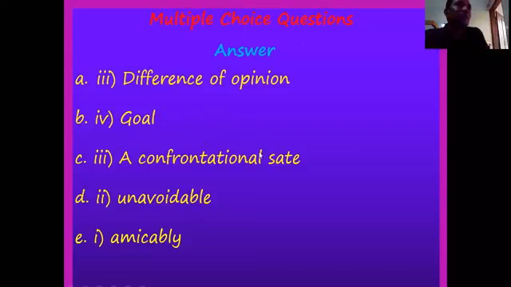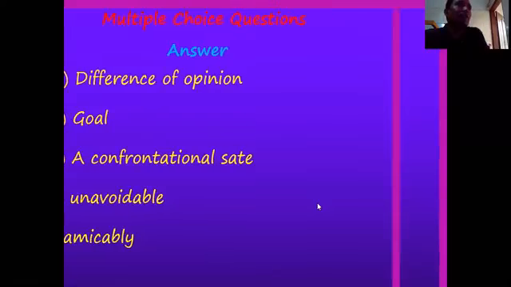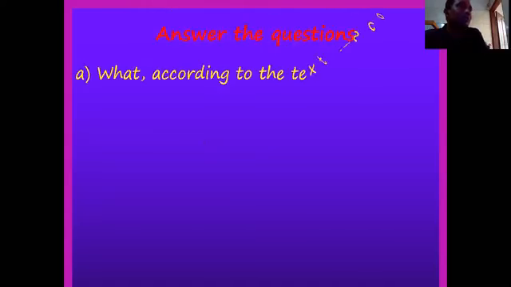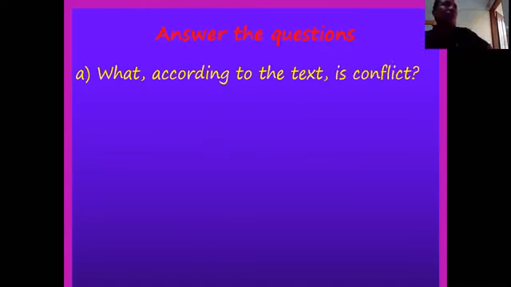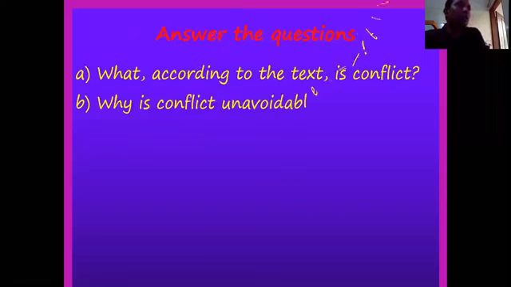Okay. Then move on to the open-ended questions. Our first question is what, according to the text, is conflict? Second one, why is the conflict unavoidable in life?